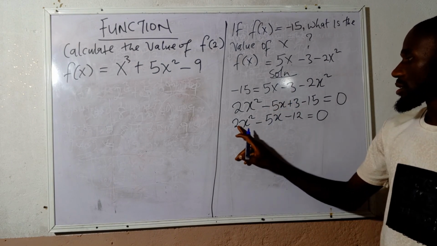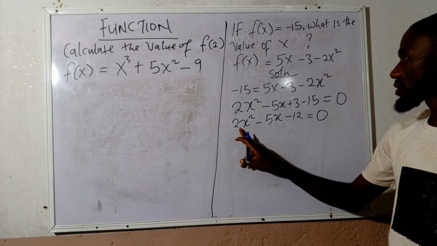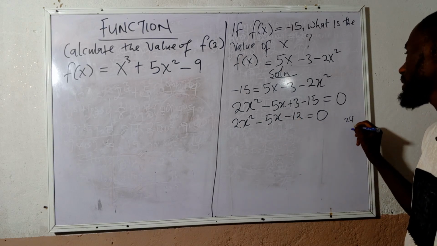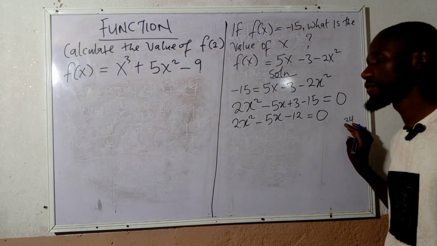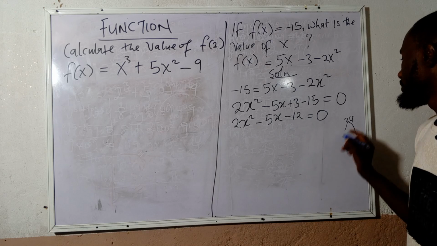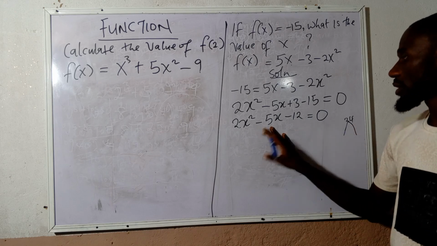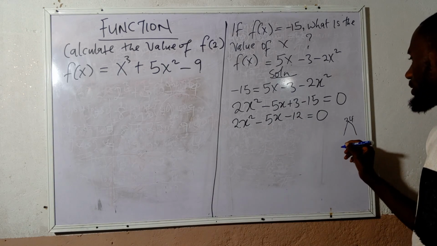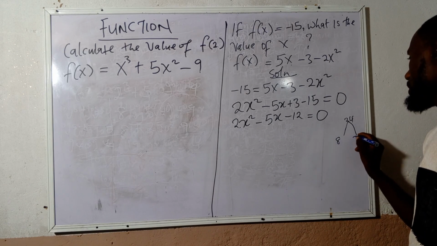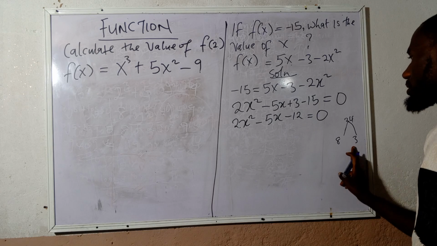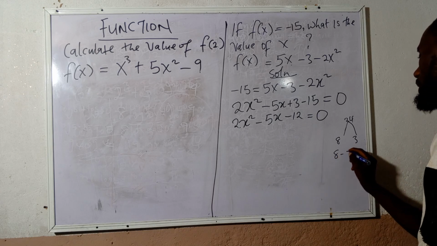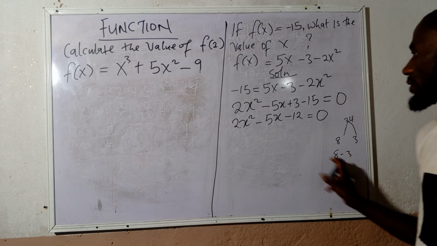We have the coefficient of x squared is 2, we multiply by 12, we get 24. We find the factors of 24 that add or subtract to get minus 5. Here we are going to have 8 and 3. 8 times 3 is equal to 24. 8 minus 3 is equal to 5.